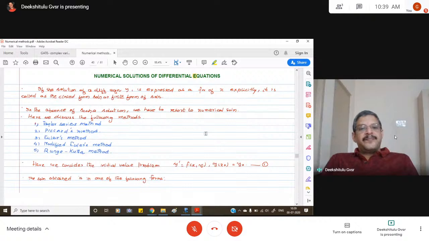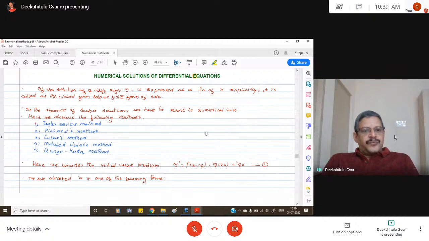All said and done, what we did in differential equations is try to express the solution y of x as a function of x explicitly. That means clearly y is equal to so and so is the solution. So it is called a closed form solution or finite form of solution.